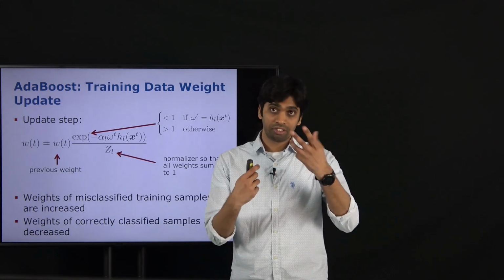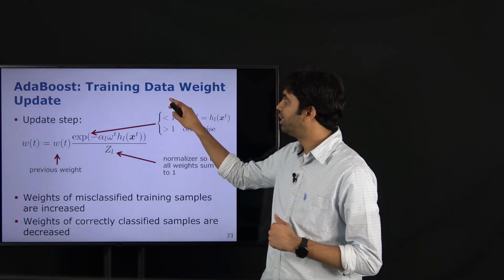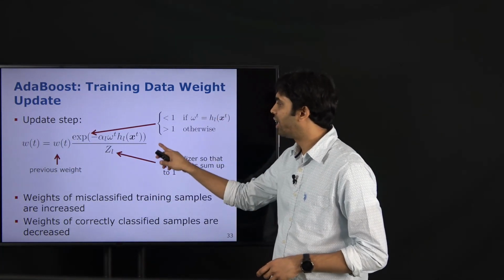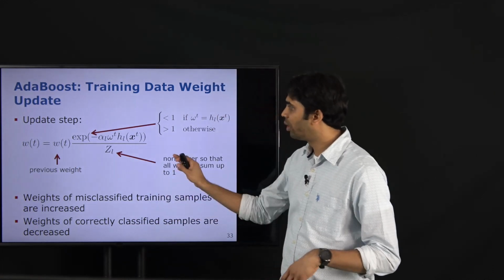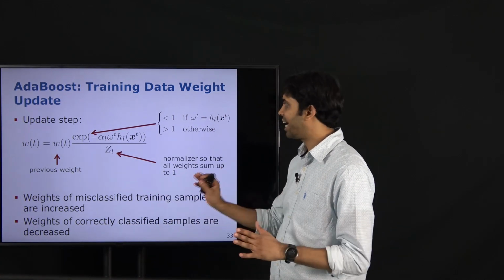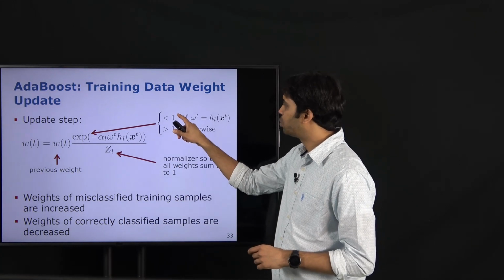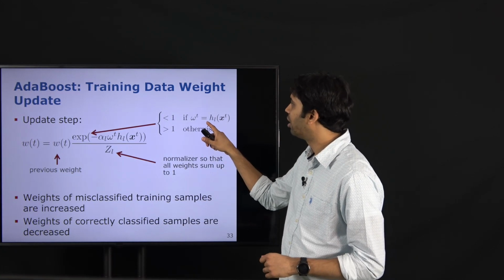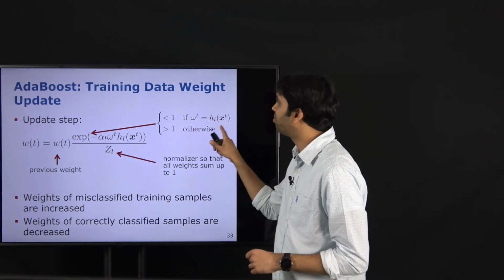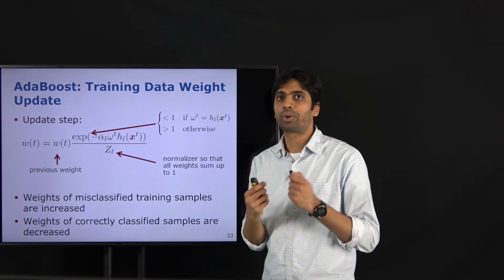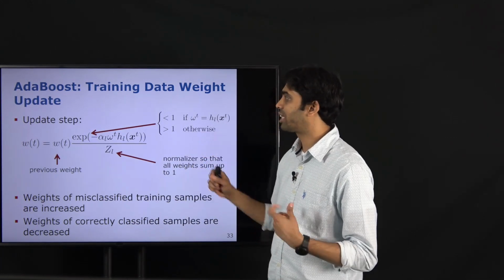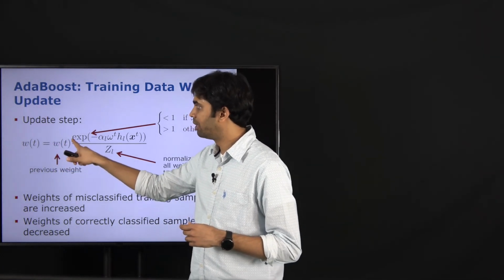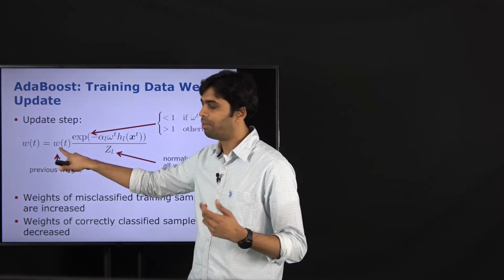The other weight that we had seen was the weight of the data point. The weight of the data point has this kind of expression here. Again, don't worry that it looks a bit complicated. In the end, what is important is that this weight will be less than 1 if your prediction matches the actual ground truth, and greater than 1 otherwise. Essentially you have this weight from the previous time step, w_t.